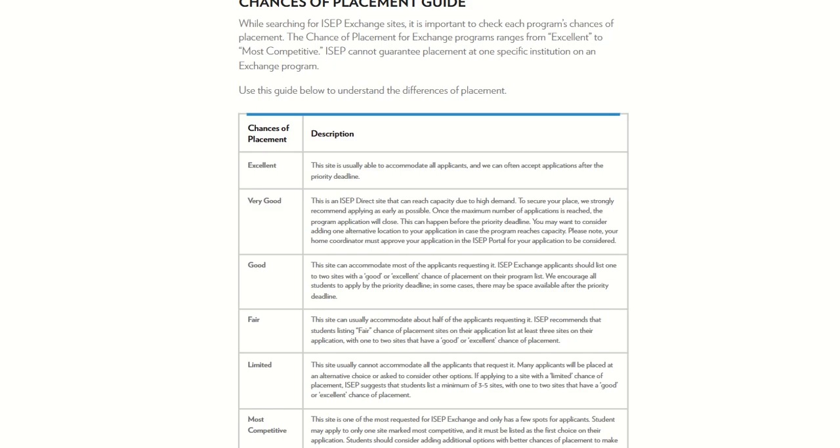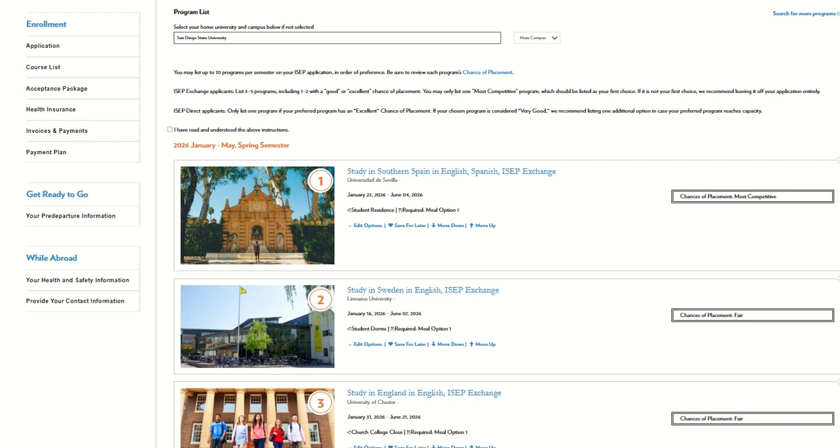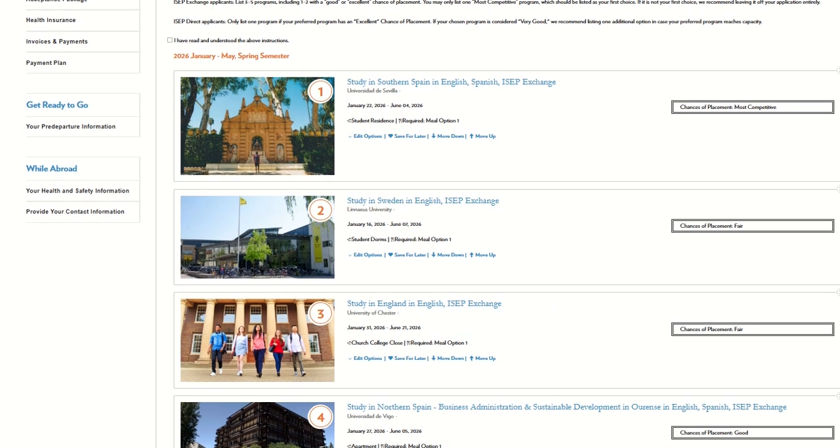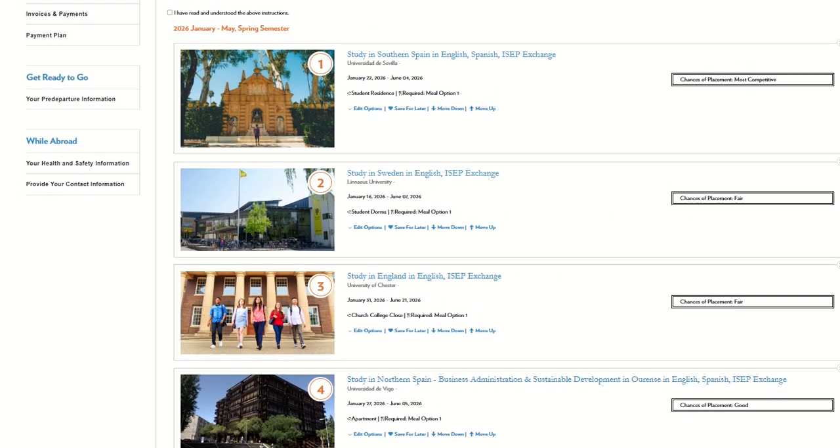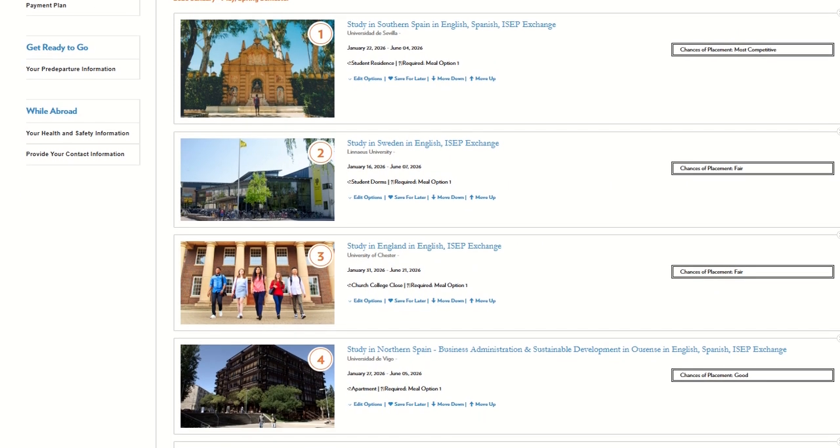Some ISEP Exchange sites are more highly requested than others, and we cannot guarantee placement at any specific institution. We suggest that you list several programs where you would be willing to study. When completing your ISEP application, you can list up to 10 programs for ISEP to consider during the placement process.